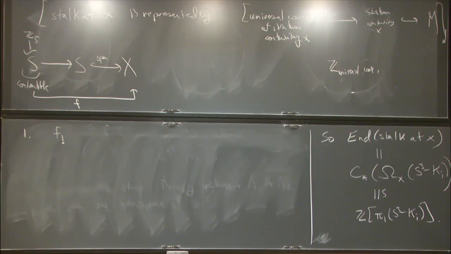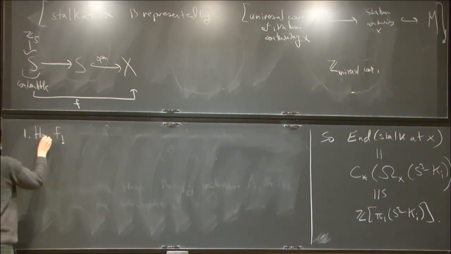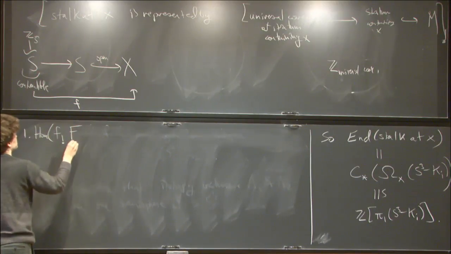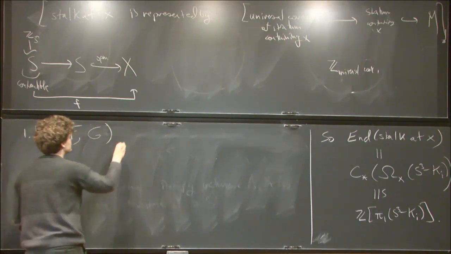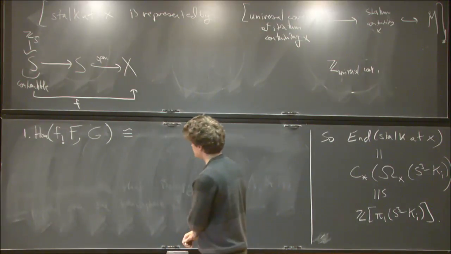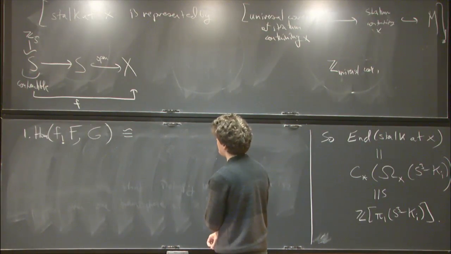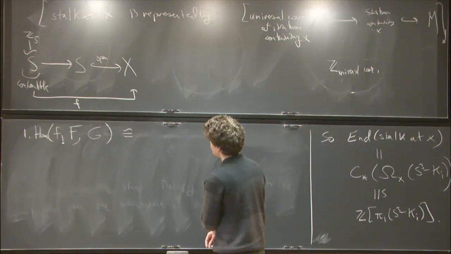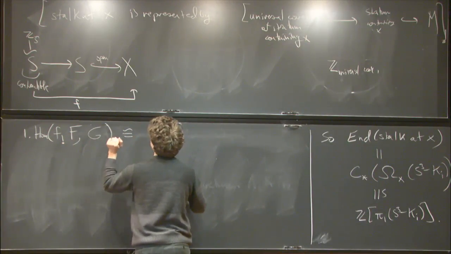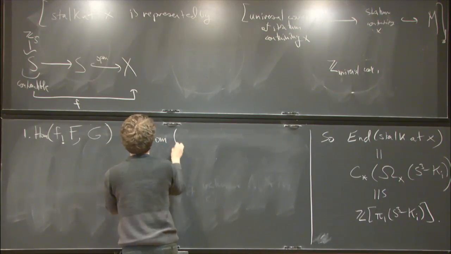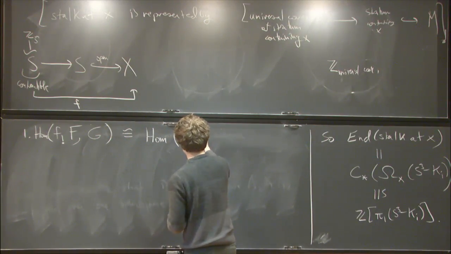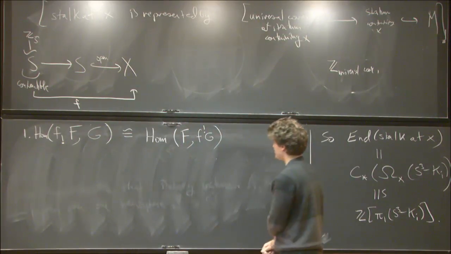Well, the shriek push forward of F, of a sheaf capital F, on S tilde, space of maps from there into a sheaf G on X is the same as, well, more or less by definition of this upper shriek functor.